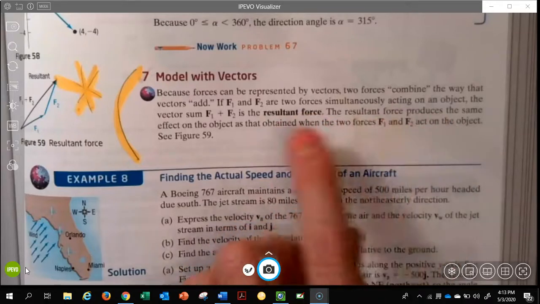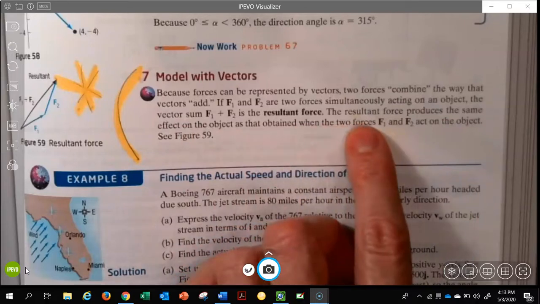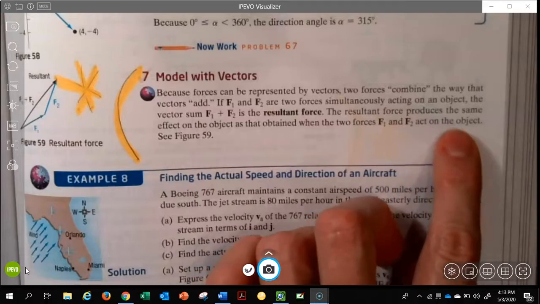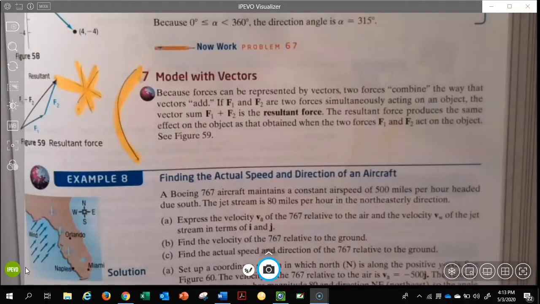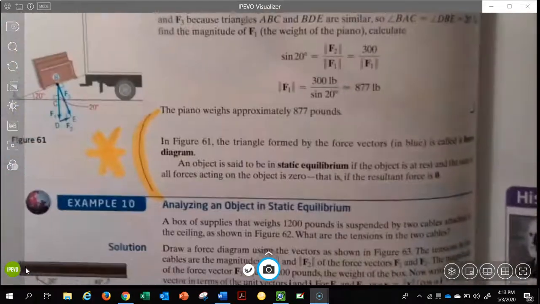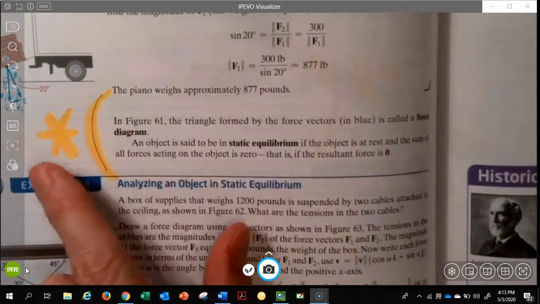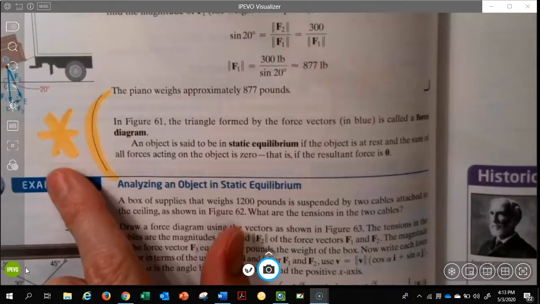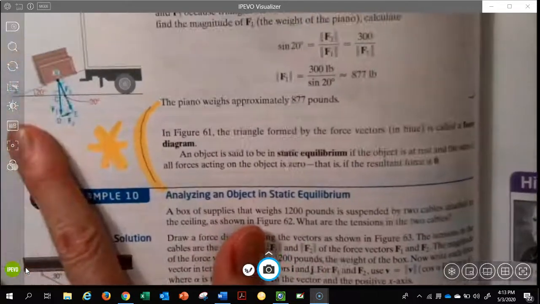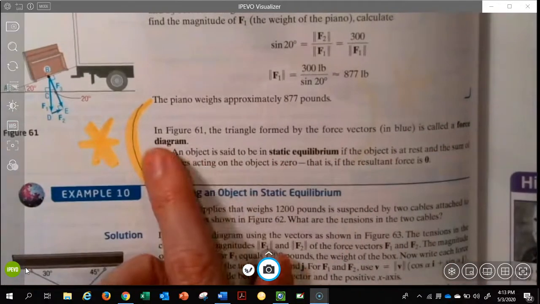The resultant force produces the same effect on the object as that obtained when the two forces, F1 and F2, act on the object. I'd like you to highlight and underline that. We'll bring that back around. And the last thing I want you to highlight and underline in 9.4 is on page 618, where it says in this figure, and you see this figure, it is called a force diagram.